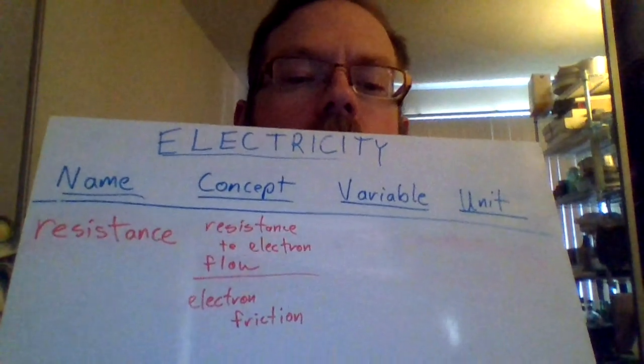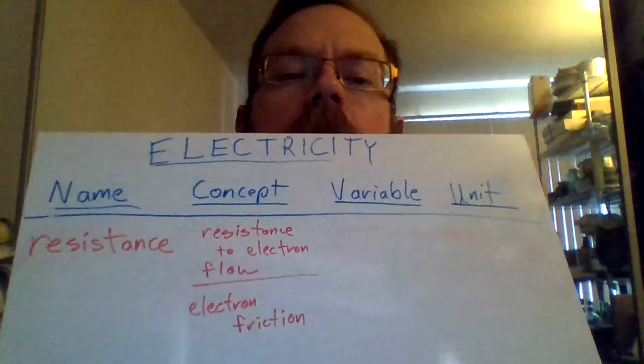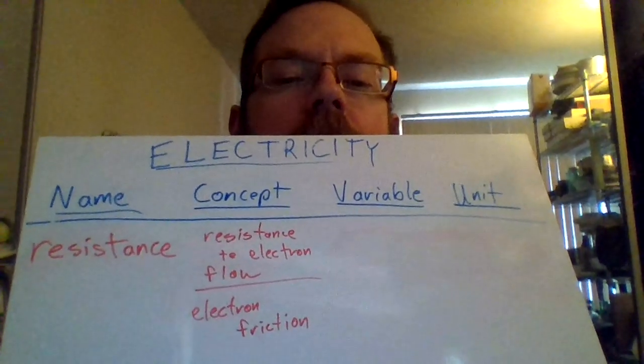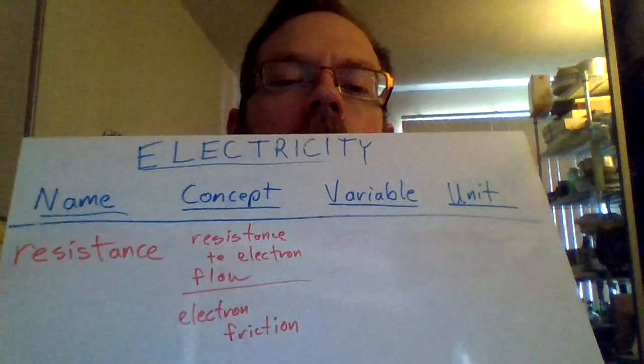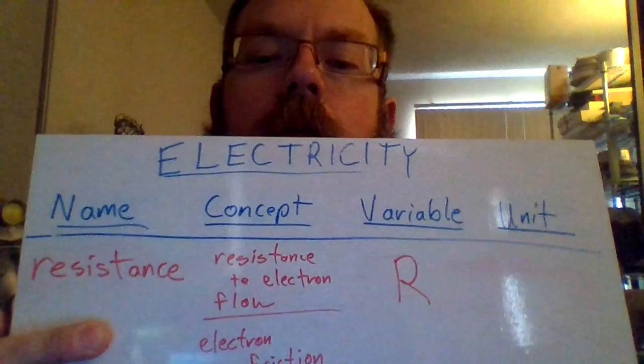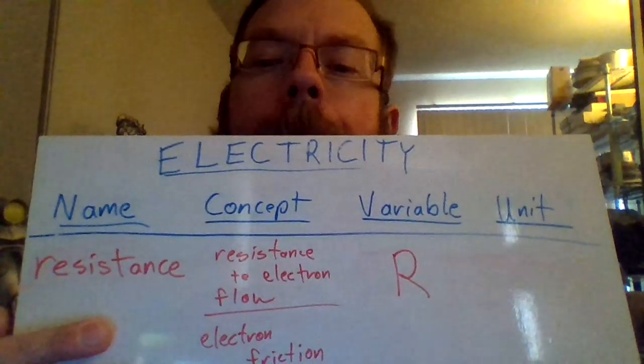So that might be the way that you could hold that in your head. So resistance is the resistance to electron flow or electron friction, if you don't like using a word in its own definition. The variable that we're going to use here makes sense for the word resistance. The variable that we're going to use in all of our equations is going to be a capital R. So resistance, capital R. Looking good so far.